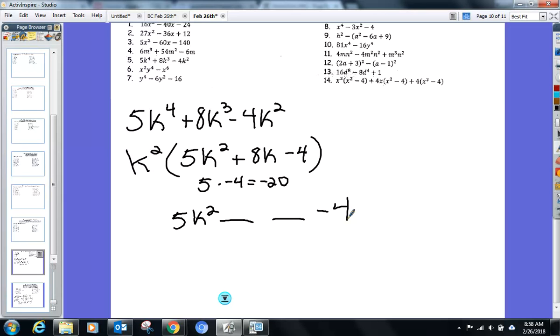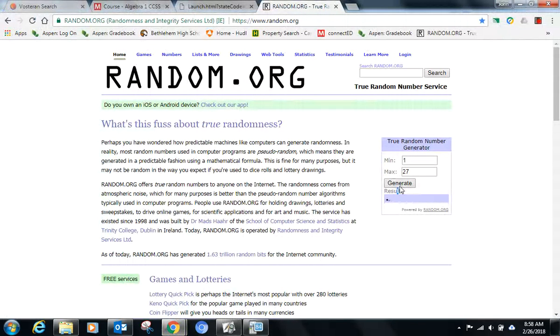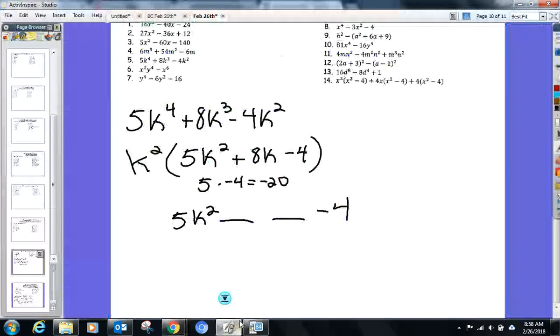What are we looking to fill in now? 2 numbers that multiply to -20, add to 8. Those are the 2 numbers I'm looking for. And I believe, going through my numbers that multiply to 20, I think you can get it.